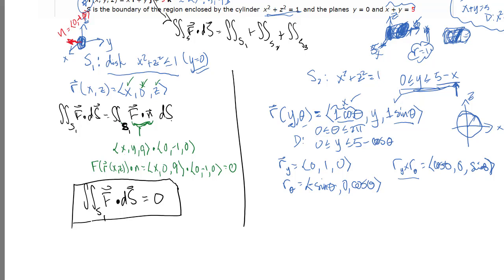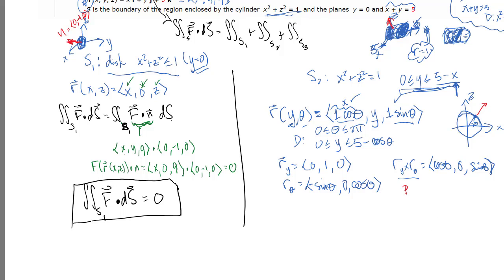And if I pick some random point with some random theta, this is going to be cosine theta in the x and sine theta in the z. And then my normal vector will be exactly the same. So from here, I can just draw that same vector. And so imagine that vector going out like this from the cylinder. It looks like I will have an outward orientation.